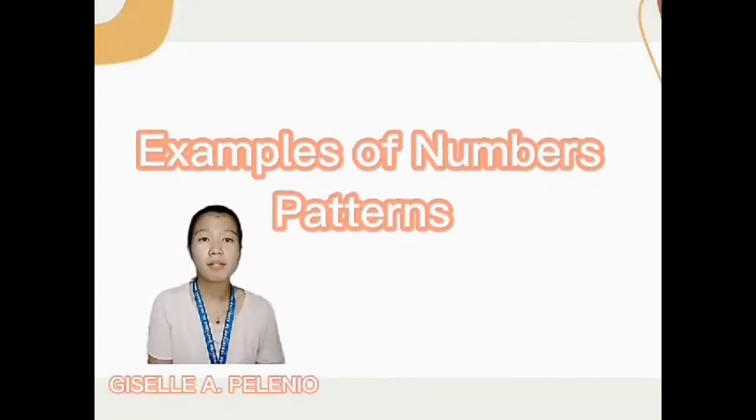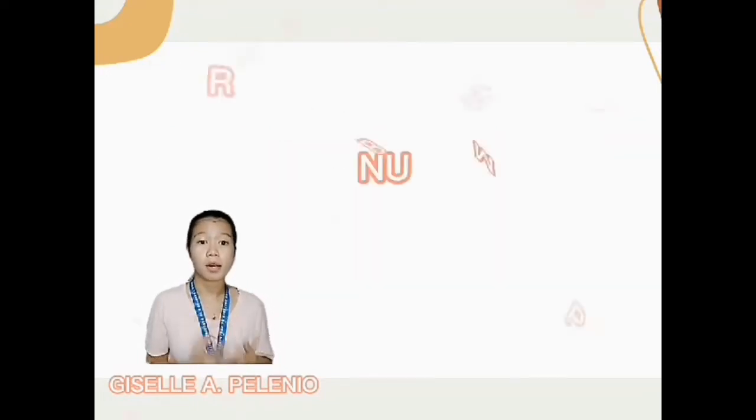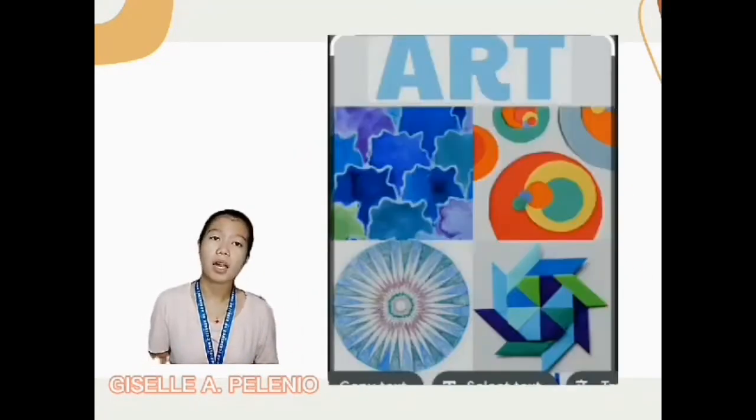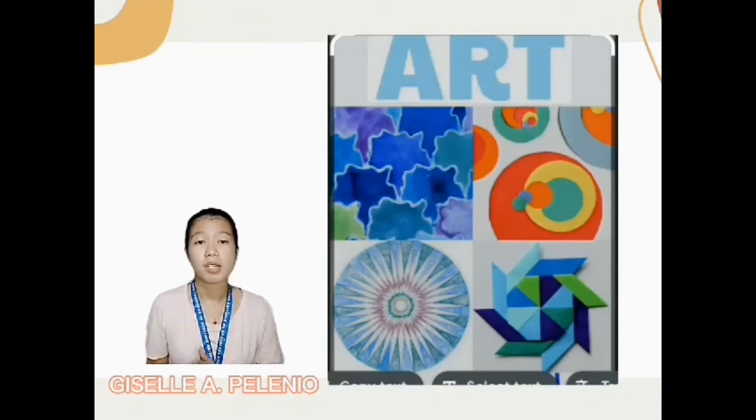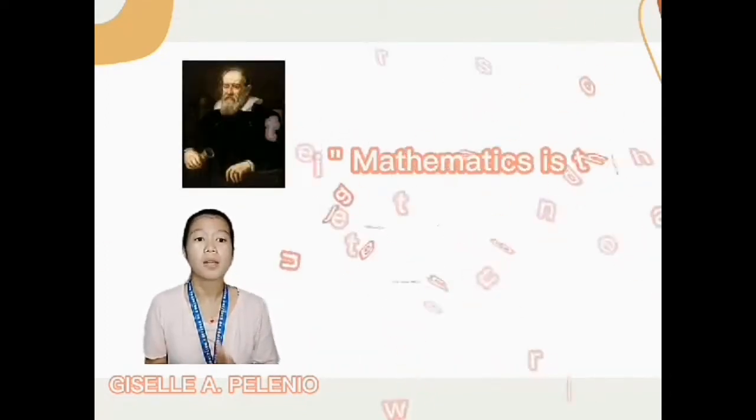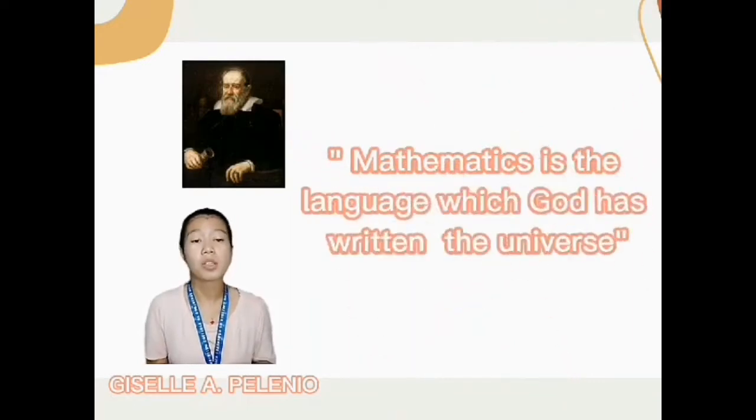Today I will give an example about number patterns in nature. Many of us think that mathematics is merely numbers, operations, and problem solving, but in reality, mathematics is beautiful as an art. Galileo Galilei once said, "Mathematics is the language with which God has written the universe."